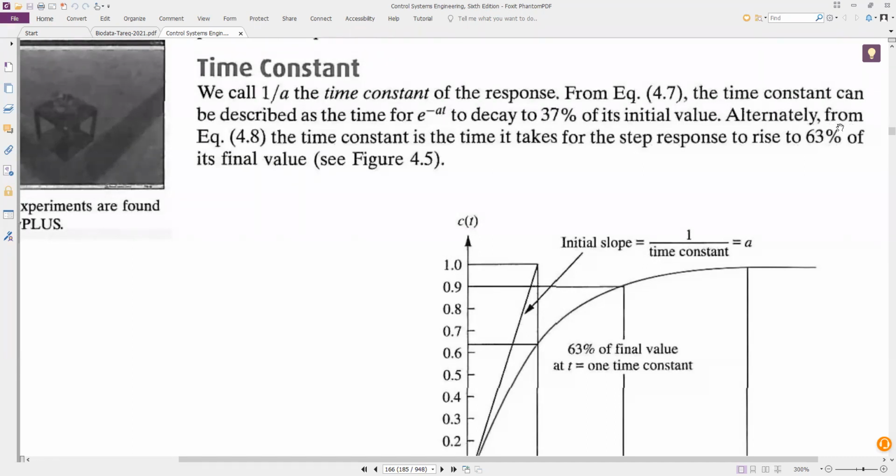Alternately, from equation 4, the time constant is the time it takes for the step response to rise to 63% of its final value.